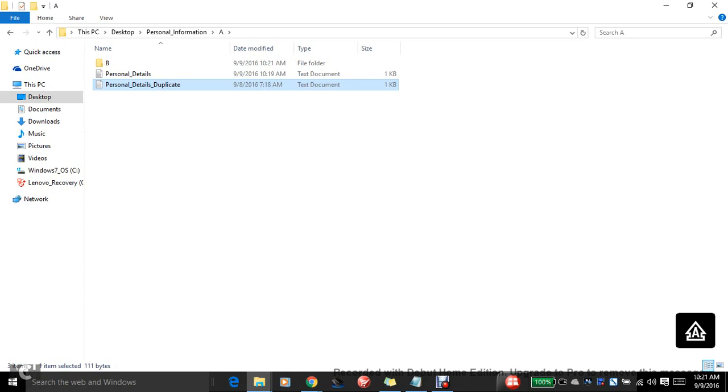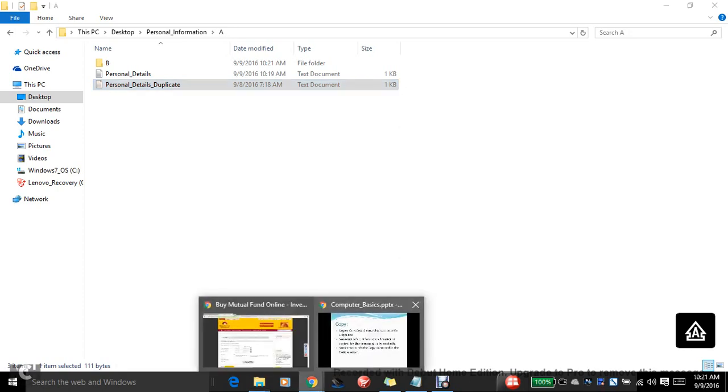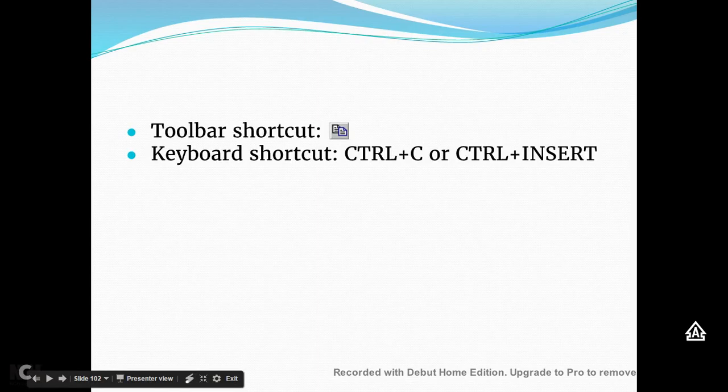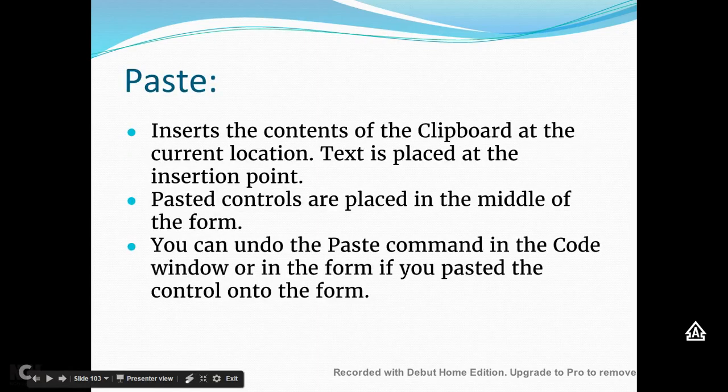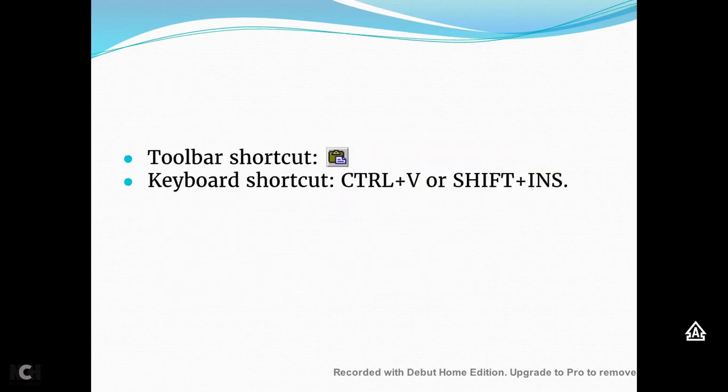This is also used for both: you can copy the data, the file, or the folder. So these are the different options that you can use. Paste, as I just discussed, Control V is the option that we use for paste.